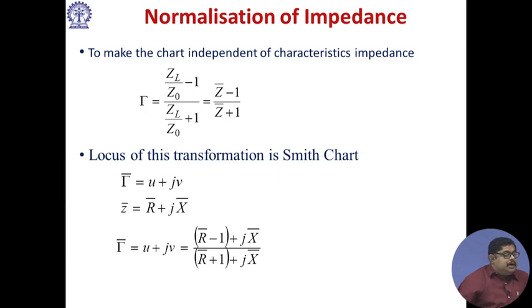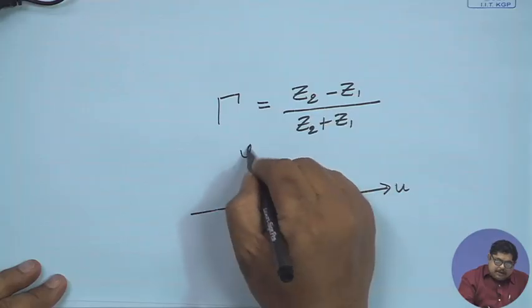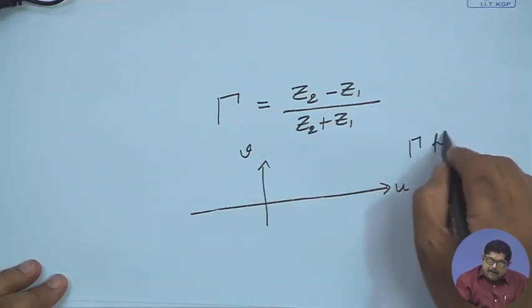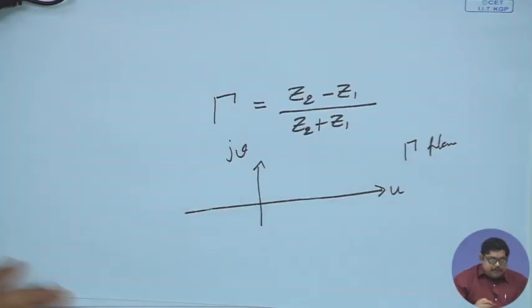So here we take gamma is equal to U plus j V, where U and V are real numbers, which can be plotted on a UV scale, with U on the real side and V on the imaginary side. So this is the gamma plane.